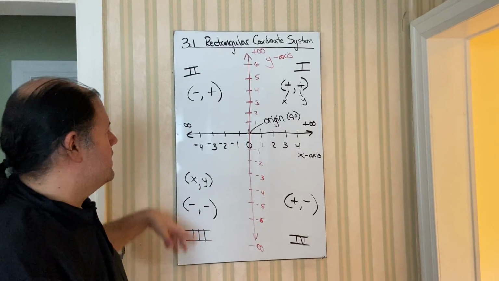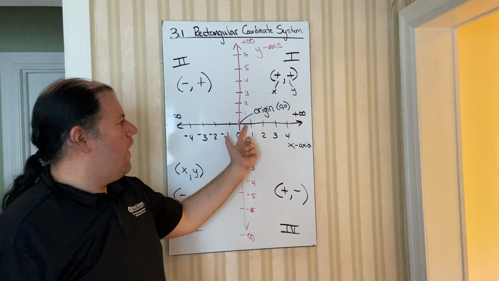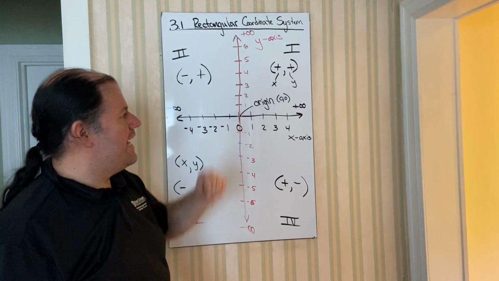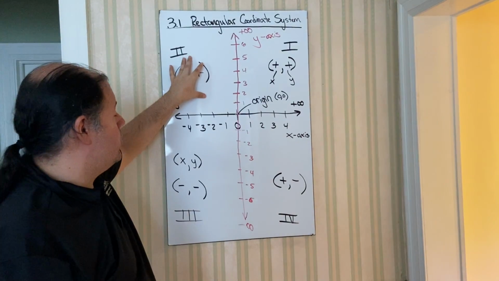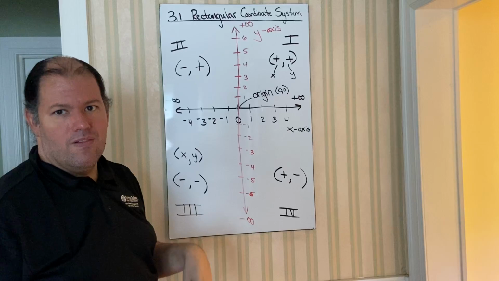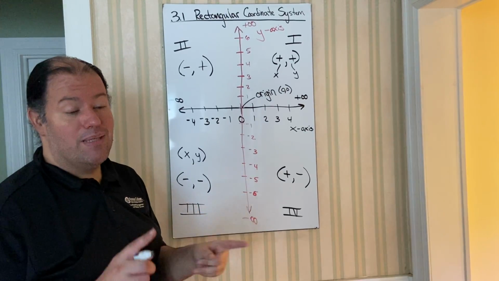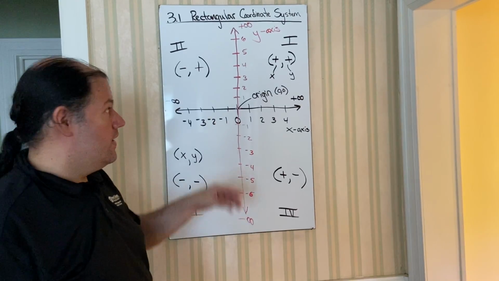Okay? So this is an origin. Any point that's on this axis line doesn't actually belong in quadrant 2 or 1 or 4 or 3. We call them intercepts because they basically straddle between 2.